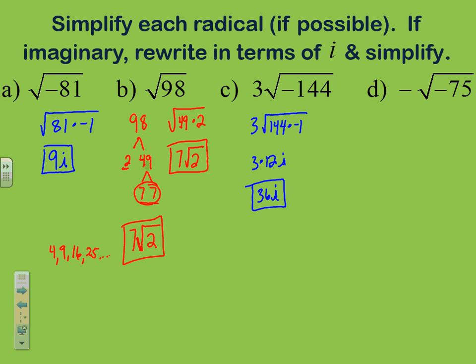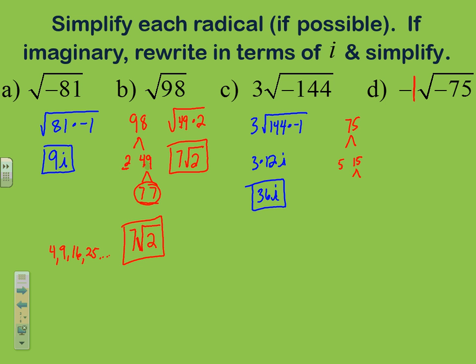And this last one here is like saying we have a negative 1 multiplied to the square root of negative 75. Again, I'm going to look at the 75 as a factor tree, just in case you need to see it again. The smallest factor of the number 75 happens to be a 5, and 5 will go into 75 15 times.